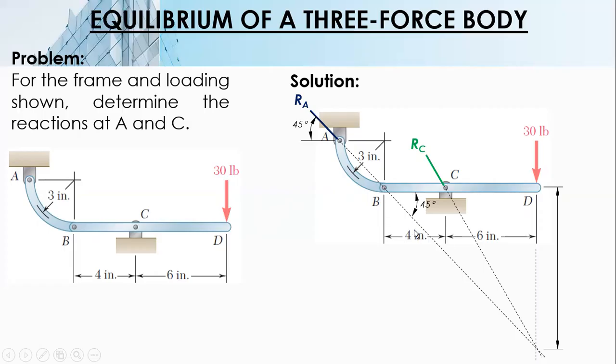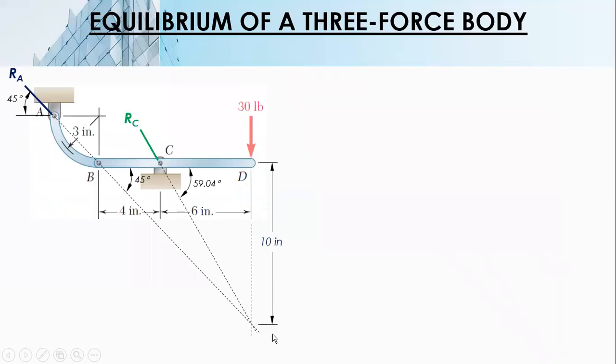Kaya 45 degrees man, equal man na. So, 10 siya, 10 siya na. And ma-solve niya na to. Kana, theta. Tangent sa theta, that's 10 over 6. So, arctan, the result is 59.04. Mo na ang direction sa RC. From the horizontal, 59.04.